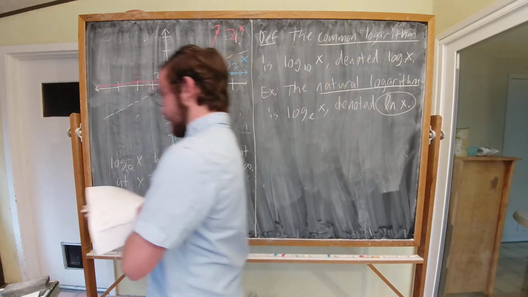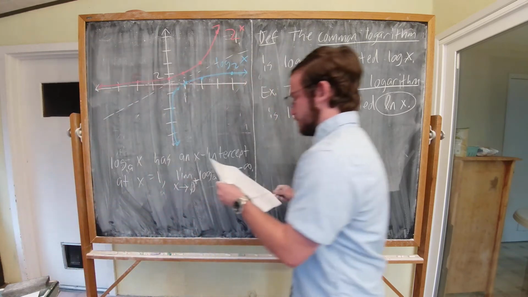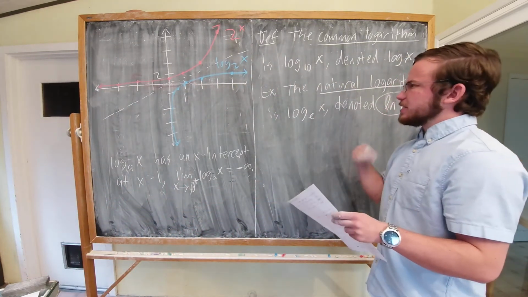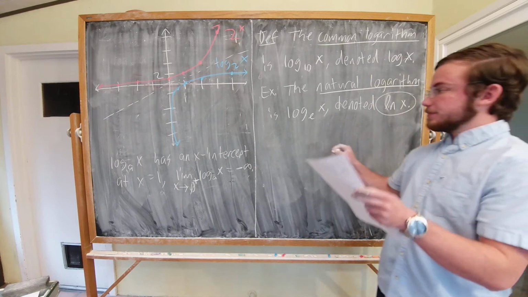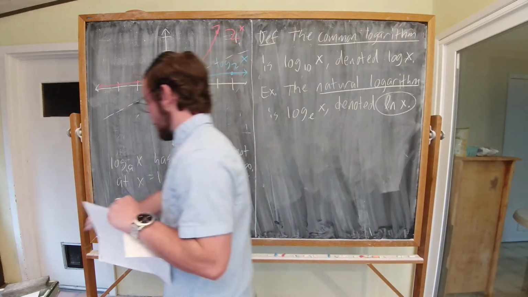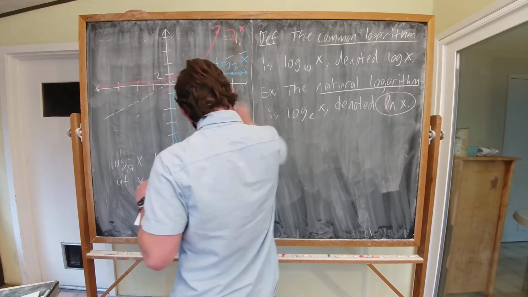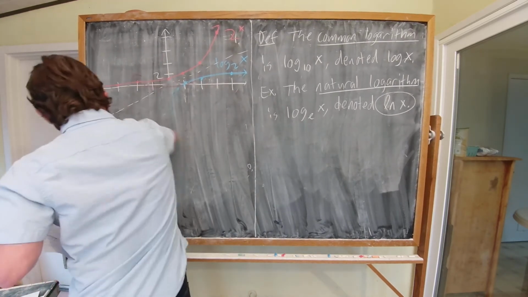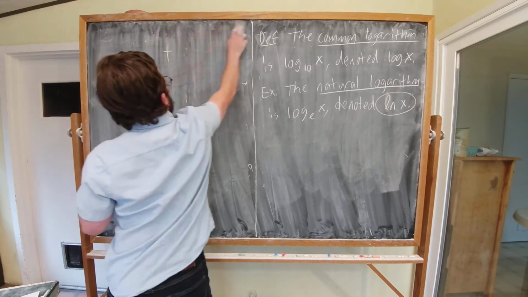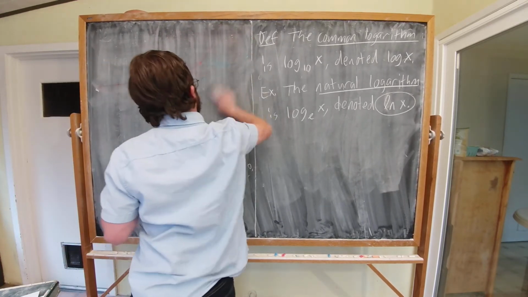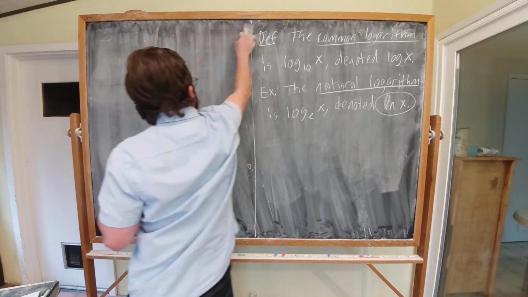Okay, let's move forwards. Let's talk about some more properties that logarithms enjoy. Right, we have our exponential rules for working with exponential functions. How do those translate over into logarithm world?